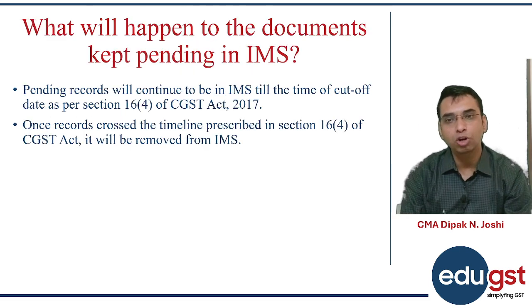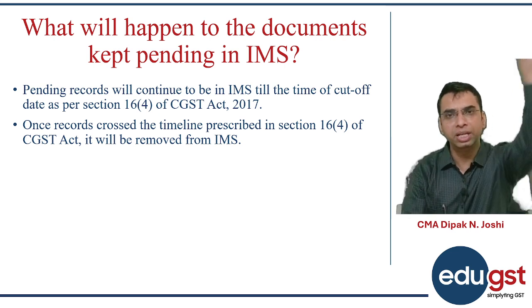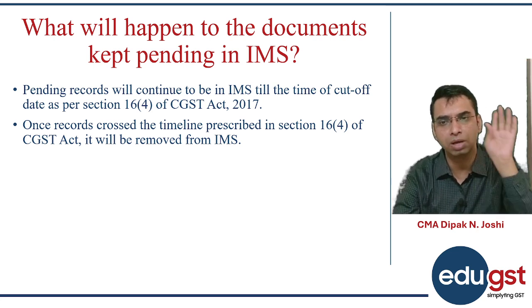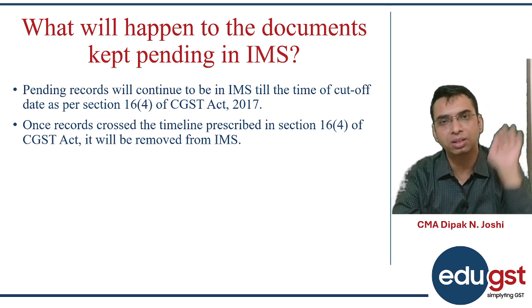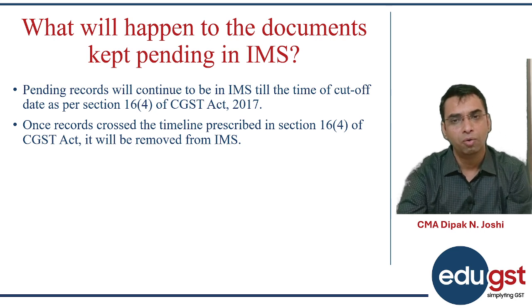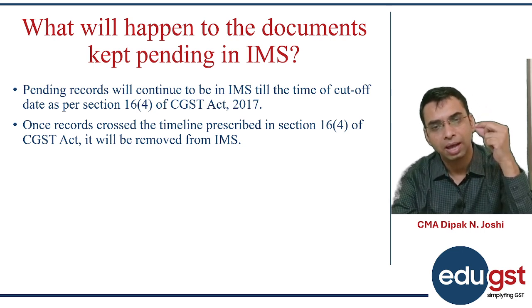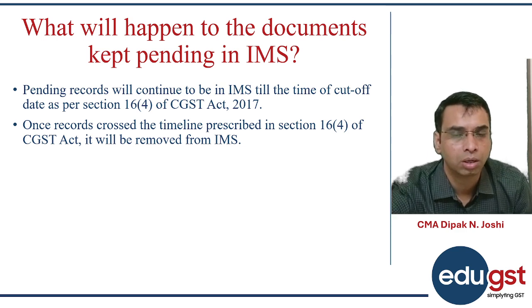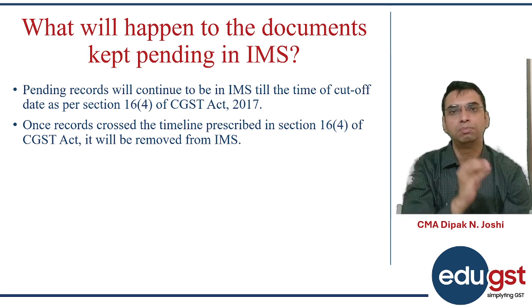Now in case of pending documents, they will remain in the IMS portal till 30th November of next year, that is, till the time period allowed under section 16(4). So you are eligible to take the action till 30th November of the next year. Once this time limit of 30th November prescribed under section 16(4) is crossed, those invoices will be removed from the Invoice Management System.